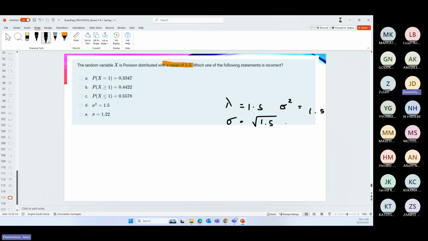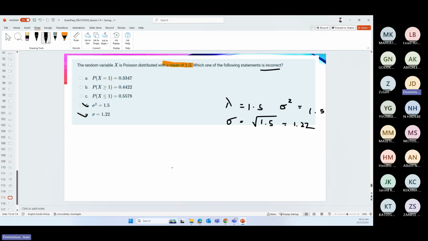So I will first just check all of these ones to see if there is something that is not correct. We're looking for the incorrect one. So that is correct. That is correct. Okay, so first, those unfortunately are correct.